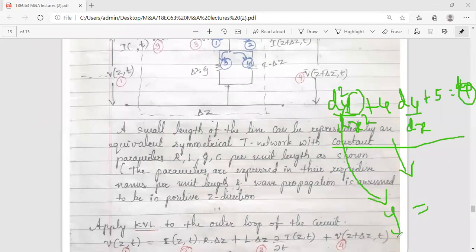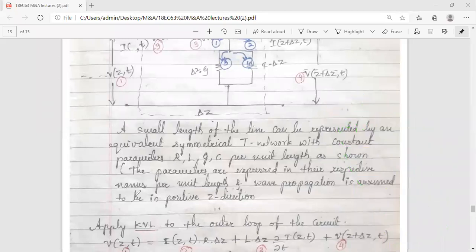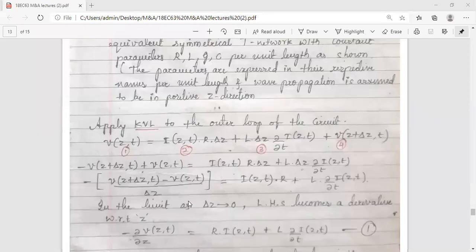So analyzing the circuit, or finding the solution for this particular equation, means you are finding the response of the circuit. Similar to this, when we apply KVL and KCL, we are going to get some differential equations here.